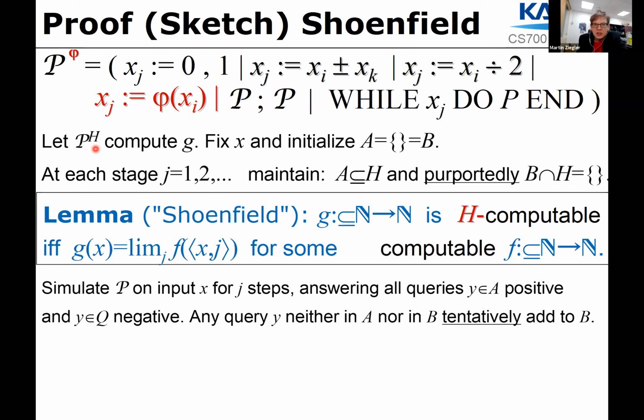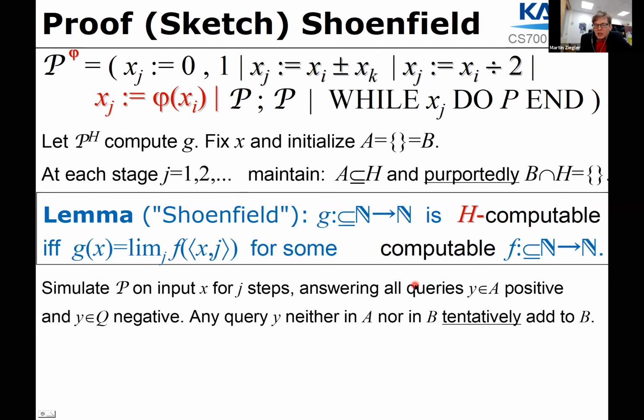So here's the simulation. We simulate the program P on input X for J steps, and J is going to grow in stages. And whenever the program P makes a query to the halting Oracle H, our new simulation must not make access to the halting Oracle.